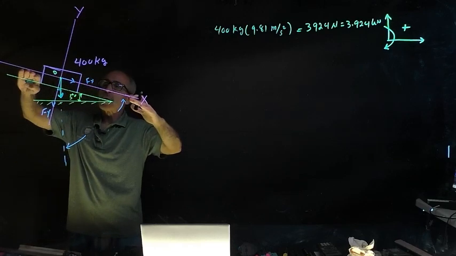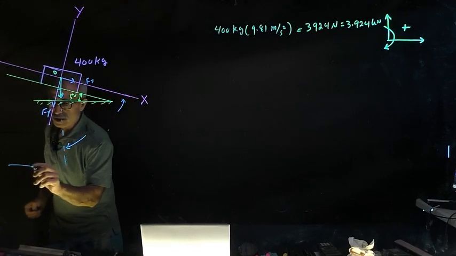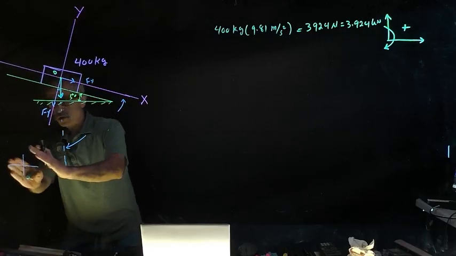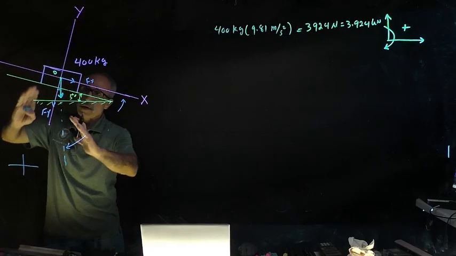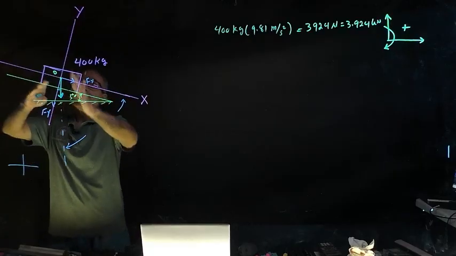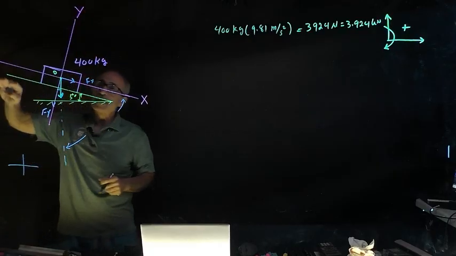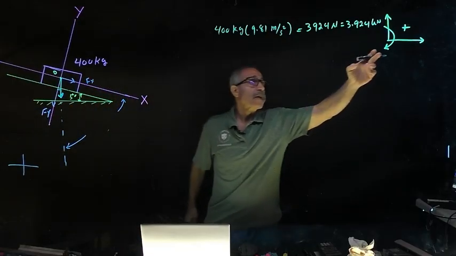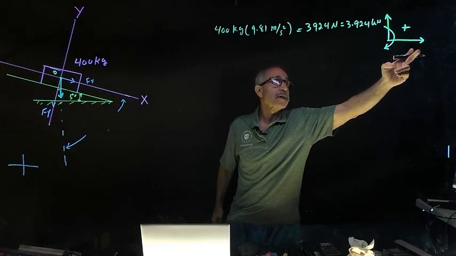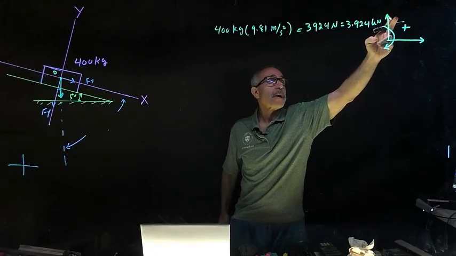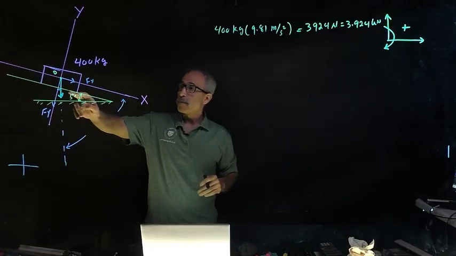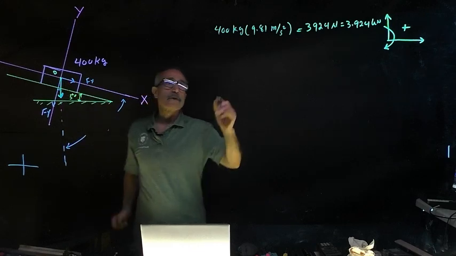We shifted our x and y. No longer are we using this x and y Cartesian. The ground shifted, so this is going to shift this way too. Our y is at an angle of 5 degrees, same as with the x. Another thing, this is our positive: x positive to the right, y positive up. Moment we deal with later, but this is where we are. Now we're going to find the Fx.